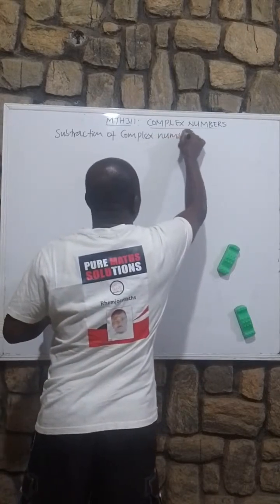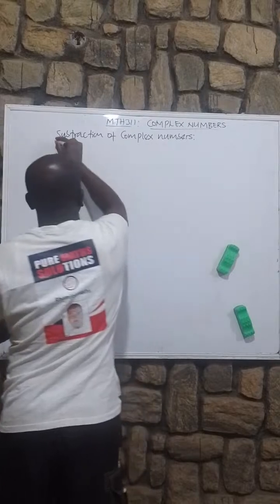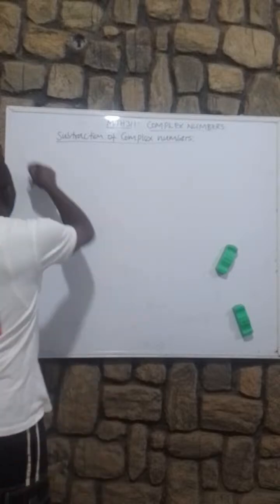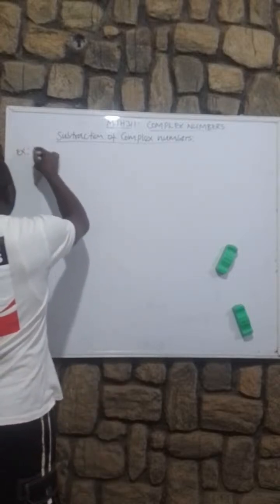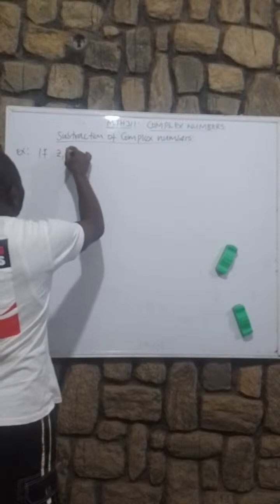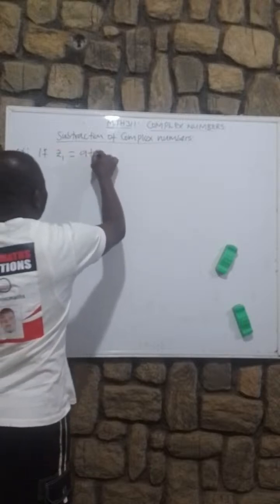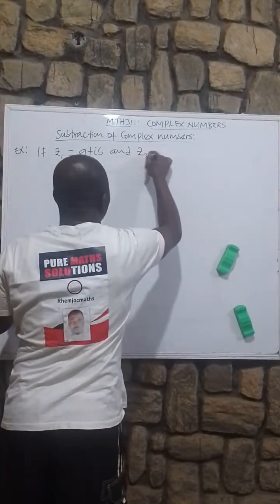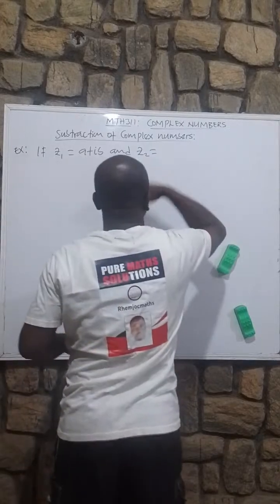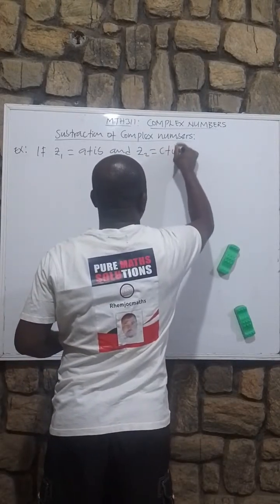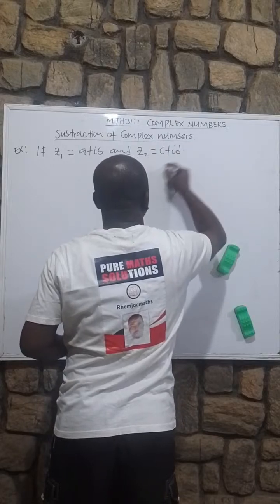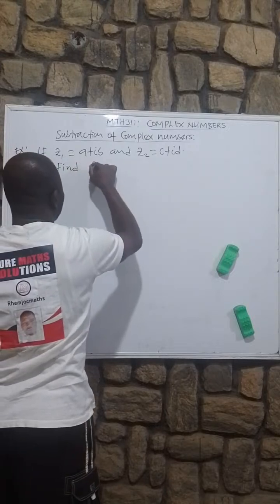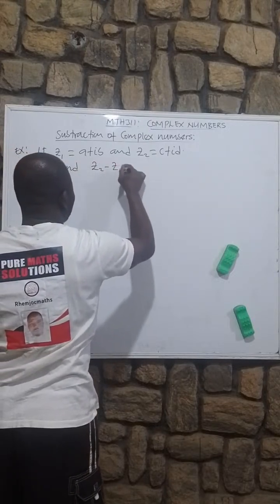Subtraction of complex numbers is if, for example, Z1 equals A plus IB and Z2 equals C plus ID, then we say find Z2 minus Z1.